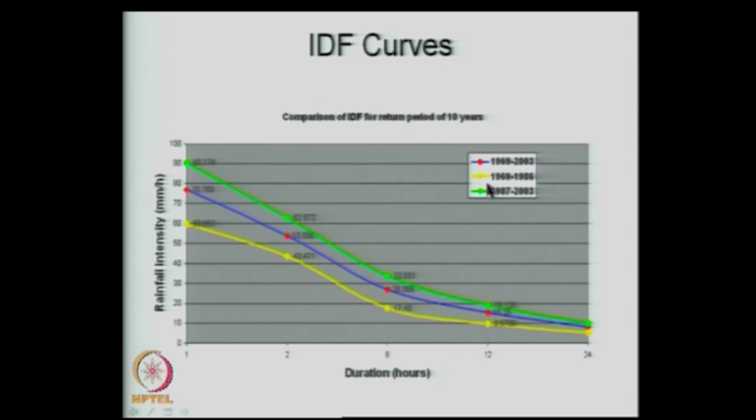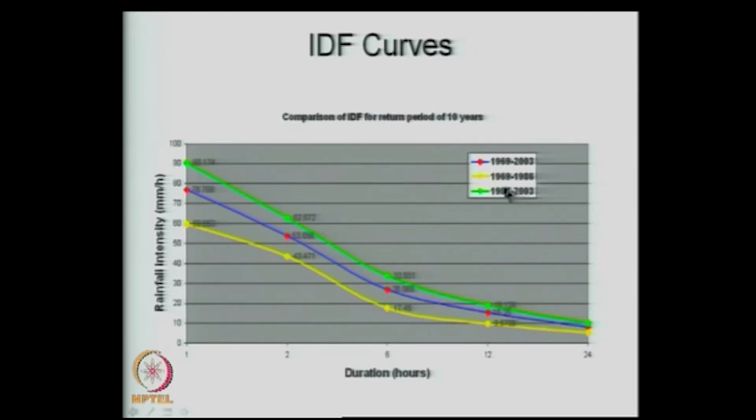So, if you consider only the 1969 to 1986 data and derive the IDF relationship, this is how it looks. I am showing it for a particular return period of 10 years. So, for a given duration, you may get a much lower rainfall intensity compared to that obtained for 1987 to 2003. For 1987 to 2003, you are getting a much higher intensity of rainfall for the same duration for a given return period of 10 years.